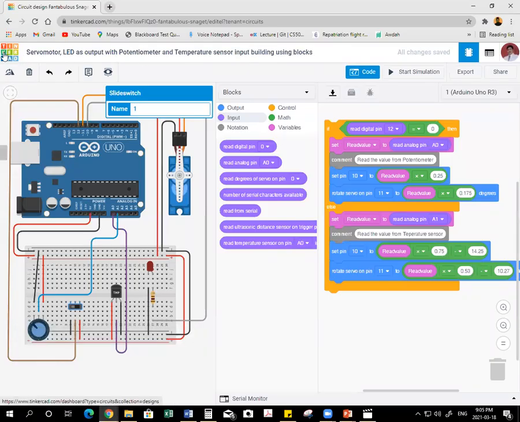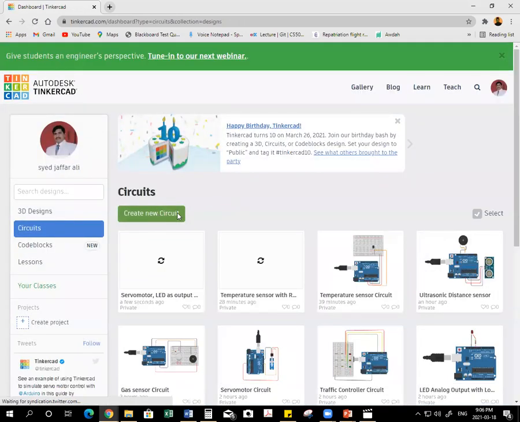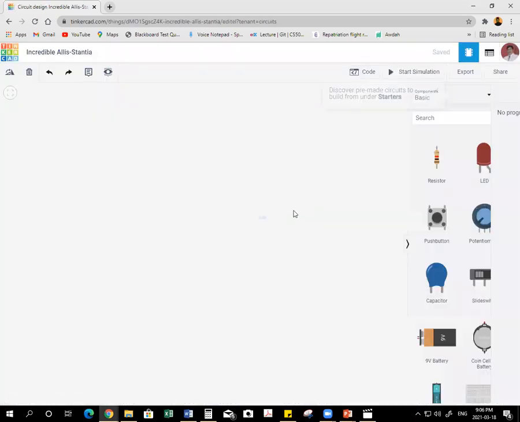Now go to new. Create new, and then we'll go to the LCD. Because we will enjoy this LCD.